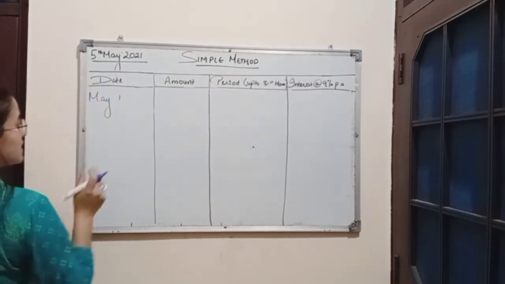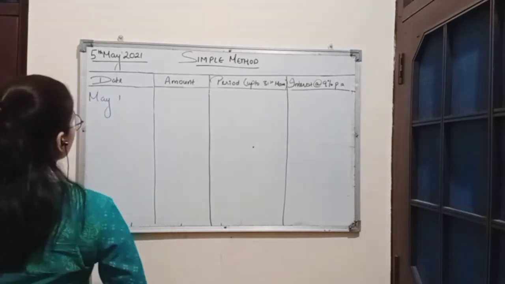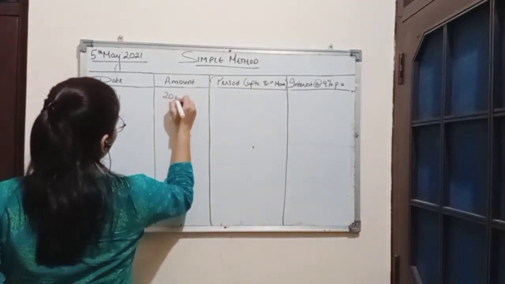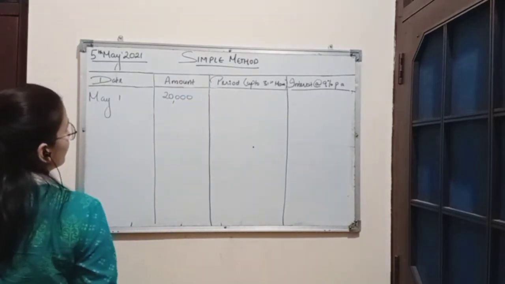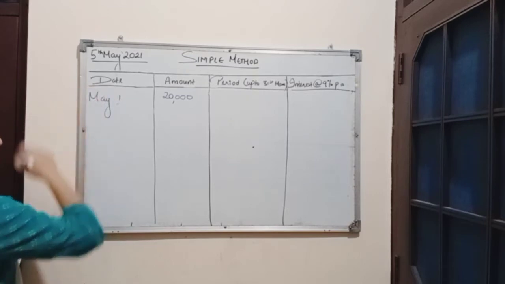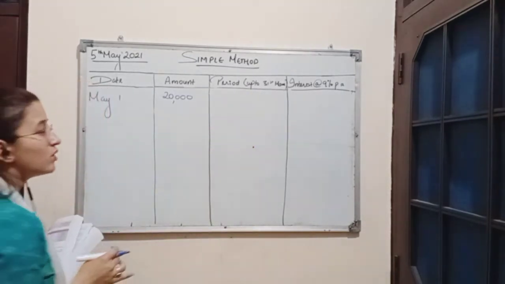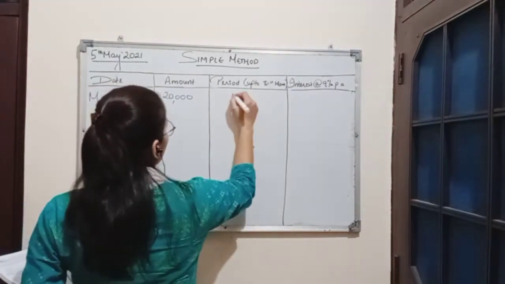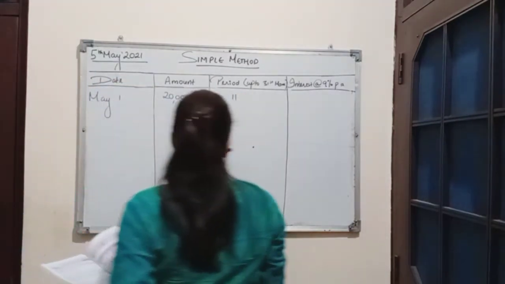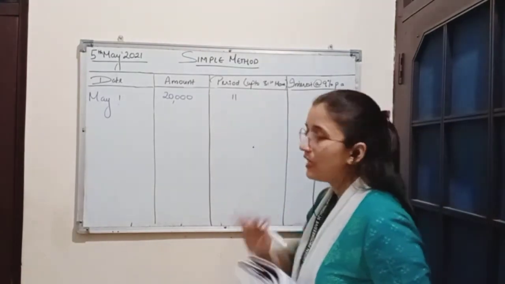In the question, the first date is 1st May. Charu has withdrawn some amount of drawings on 1st May. Amount is rupees 20,000. As she has withdrawn the amount on 1st May, from 1st May to 31st March the time duration is 11 months. So we will provide the interest on drawings for 11 months.